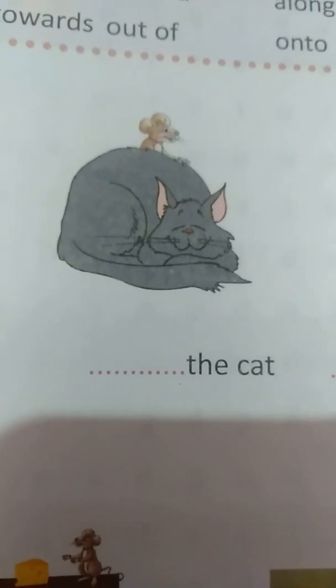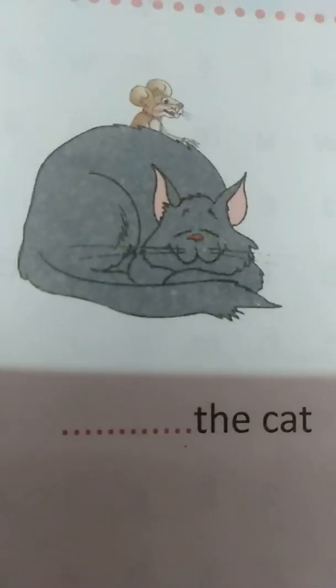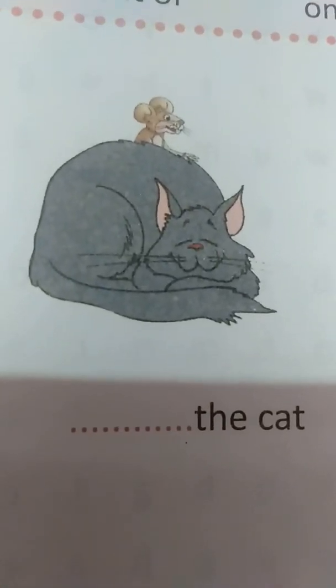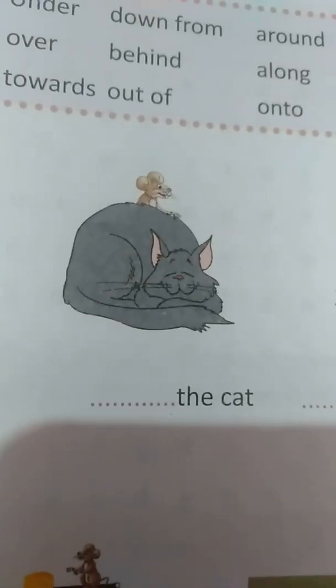Before learning, let's go through the pictures. See this one? And the question they have given: where does the mouse go? They have given a few pictures over there. See, where does the mouse go? In this picture, then this one.